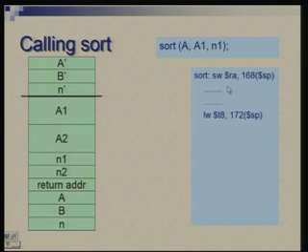Now, I am coming to the point which corresponds to this sort call. So, here I have to take this address, place it here, the address of A1 place it at the second position, and the value N1 place at the third position. So, these two addresses and one value have to be kept. So, first let us pick up the address of A which is lying here.